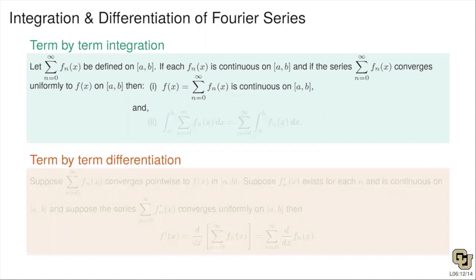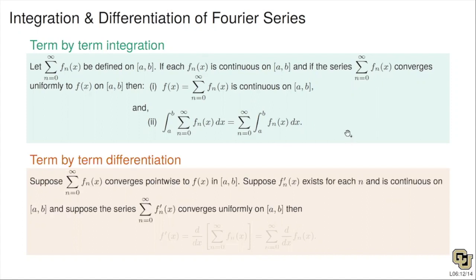So a sum of infinitely many continuous functions will be continuous if we have uniform convergence. And we can bring the integral inside the sum. And we can bring the derivative inside the sum if the series of the derivatives of the functions converges uniformly.